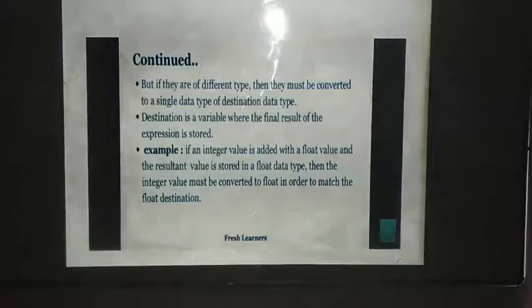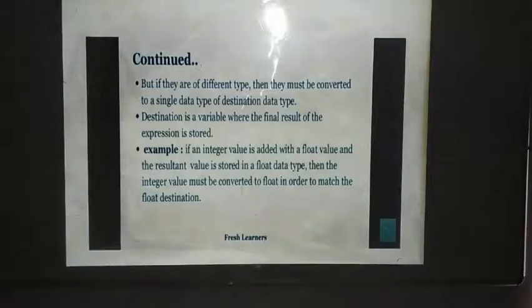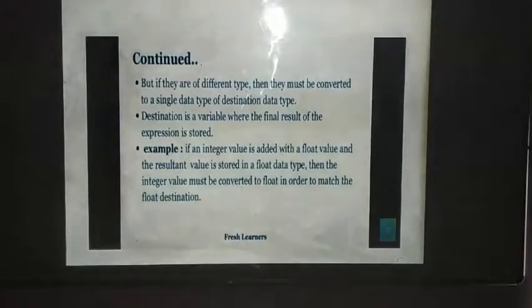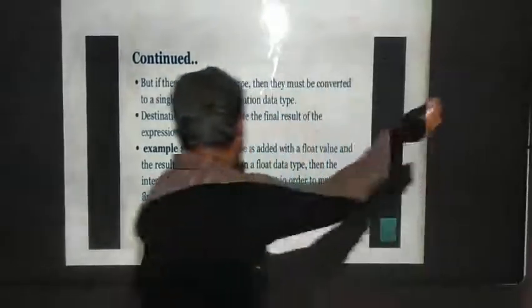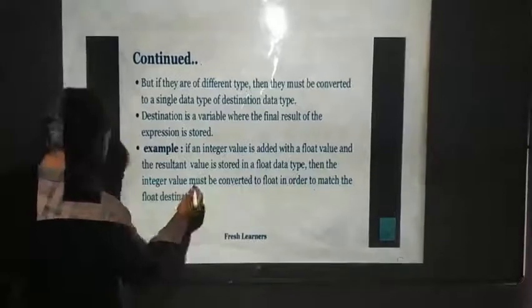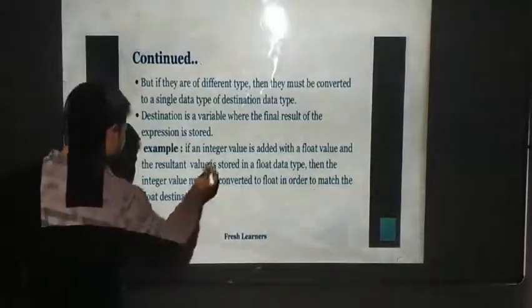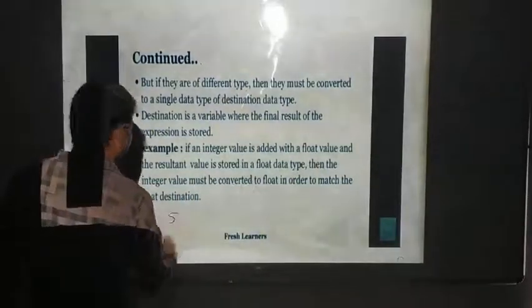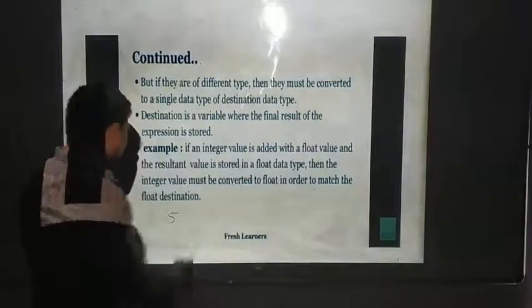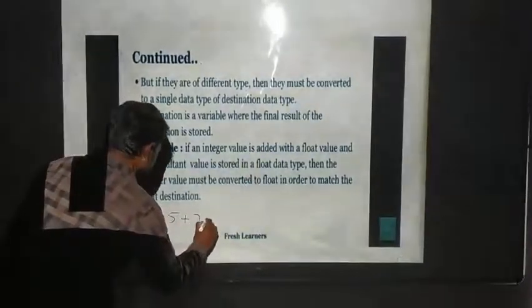If we consider an example, if an integer value is added with a float value and the resultant value is stored in a float data type, then the integer value must be converted to float in order to match the float destination. Integer value means whole numbers, suppose 5, added with a float value, 7.2.